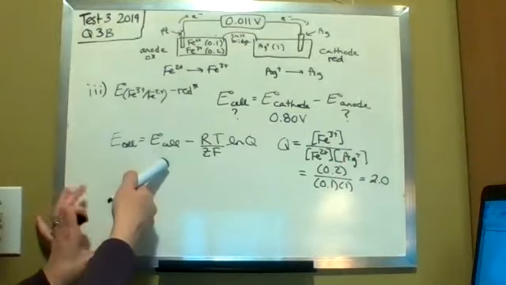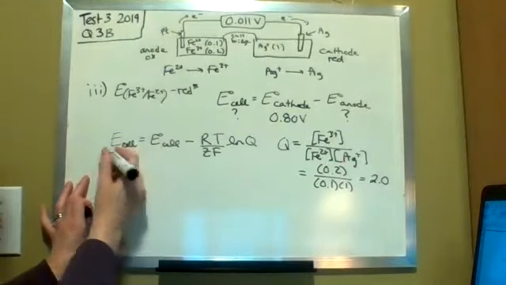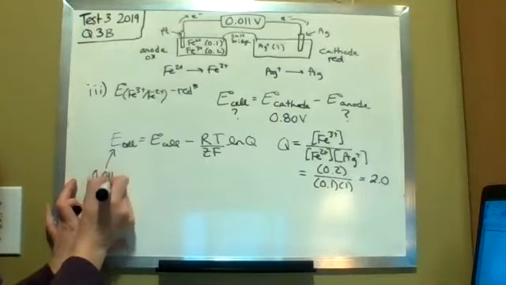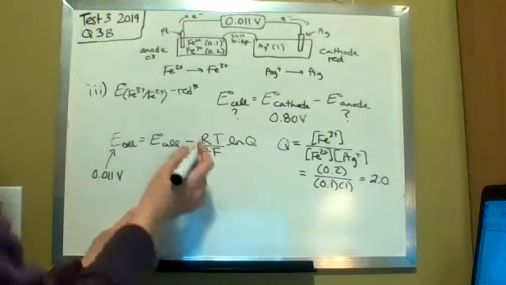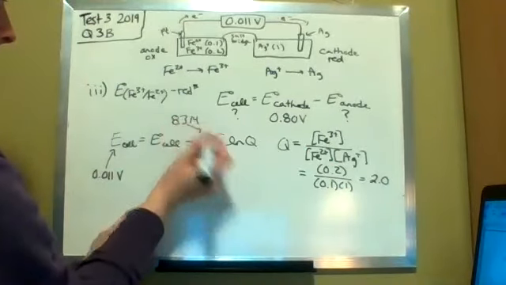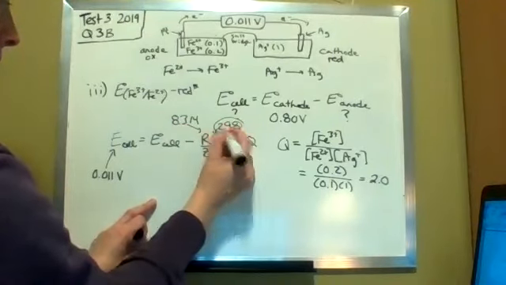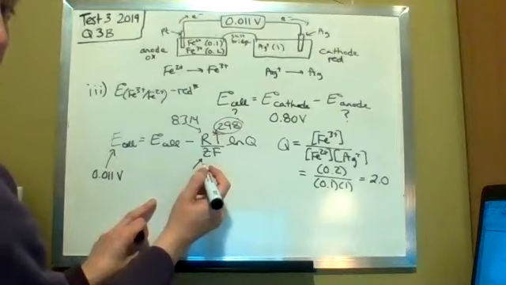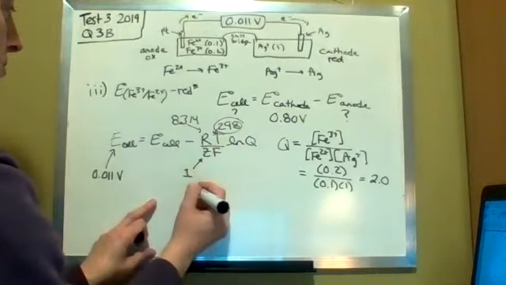If you plug everything back in over here now to find E cell, this right here is what we're getting there, that's 0.011 volts. Over here, our gas constant, that's 8.314. Our temperature is always 298 unless I tell you not. Z comes directly from that balanced equation, and that was 1 electron. So it's just 1.